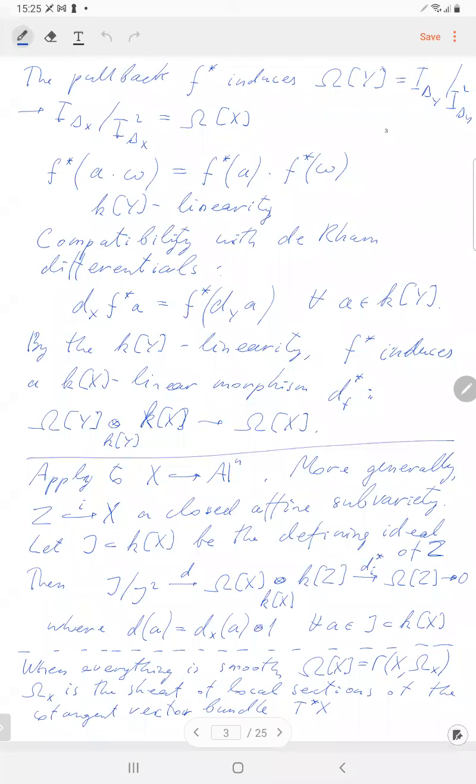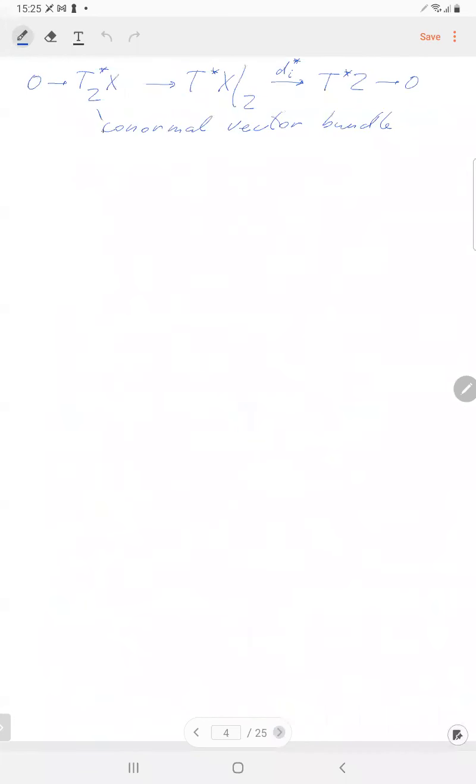In particular, it could be a closed embedding. In the particular case of closed embedding or not, it is always a codifferential, dual to the differential on tangent vector bundles. Okay. Fine. So let's prove this.